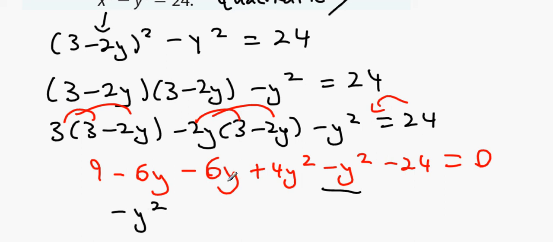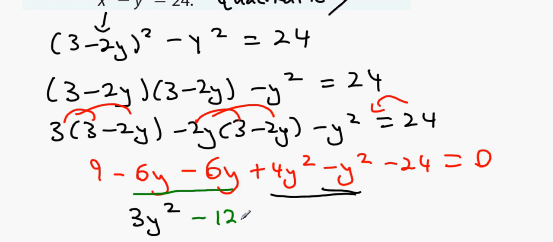No, it's not minus y squared. It's going to be 3y squared because I forgot about the two of these, so that's going to be 3y squared. Next thing I'm going to do is the green part, which is going to be minus 12y. And then the part after that is going to be minus 24 plus 9, so that's minus 15 equals 0.